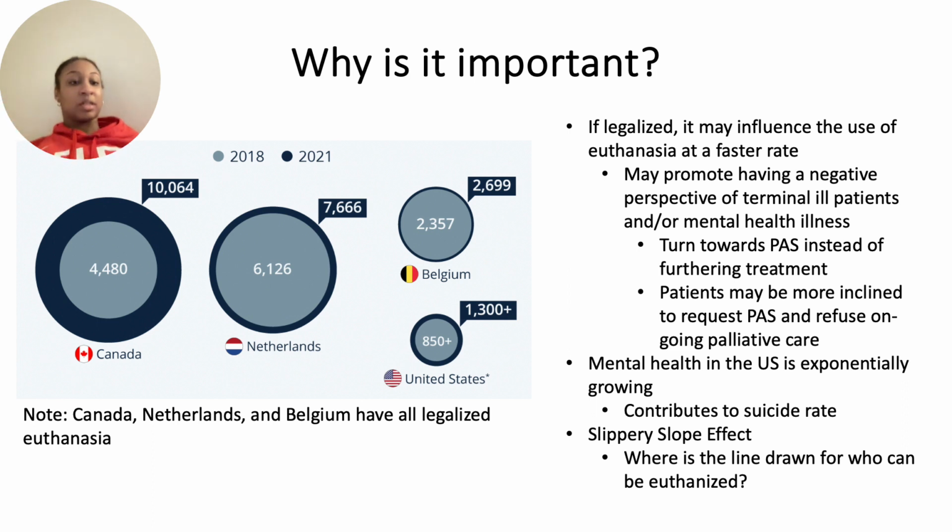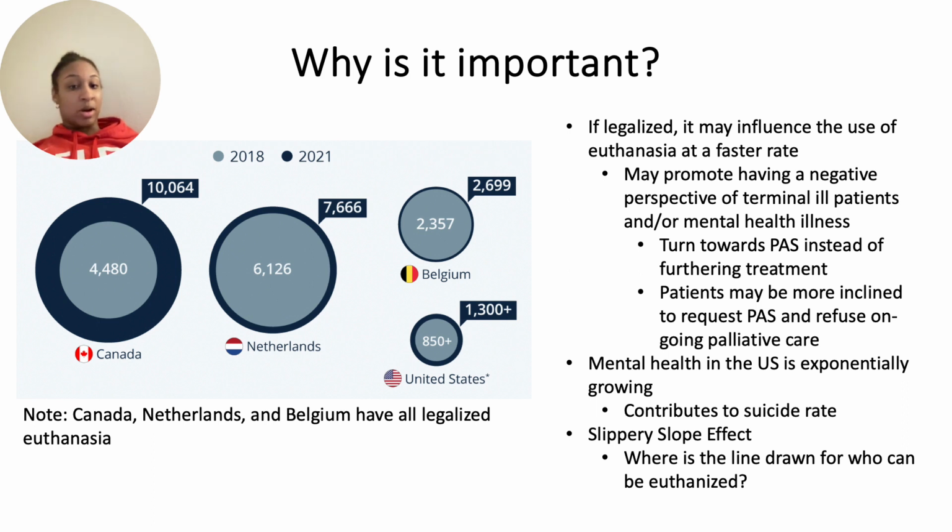So obviously legalizing it would influence the use of it, and I think that would just promote a negative perspective on terminally ill patients and mental health patients, and it would lessen their likeliness to look at palliative care and natural treatments and all of that other stuff, and it would make them turn to PAS a lot faster.